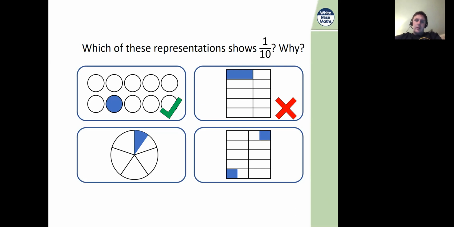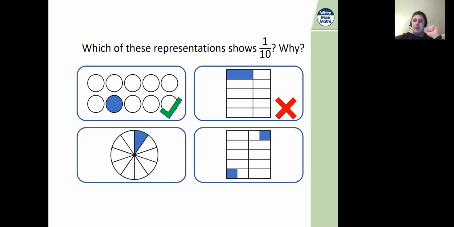With the third one, I'm looking at that, I'm thinking that shape has been split up into 5 parts. So is it showing 1/10? Who noticed though that bit that's shaded in is half of one of those sections? And if there's 5 of those sections, if we halved all of them, how many do we have now?